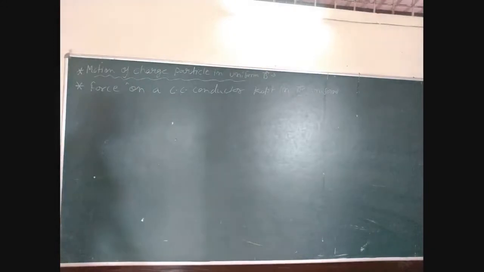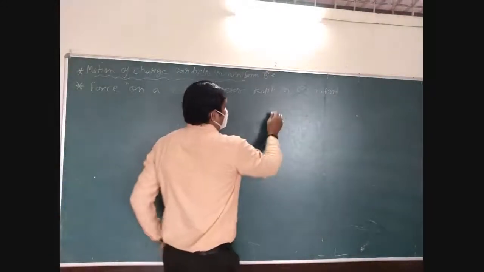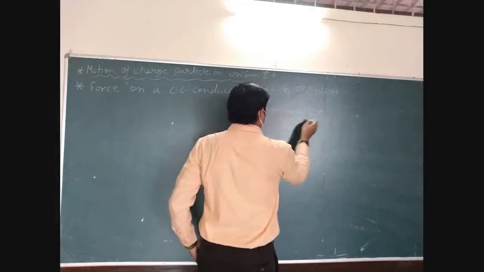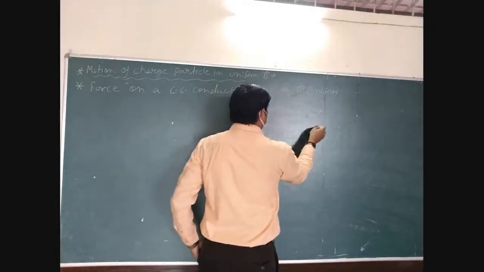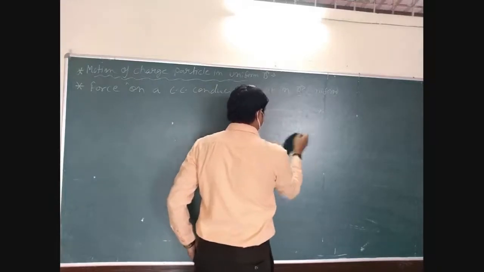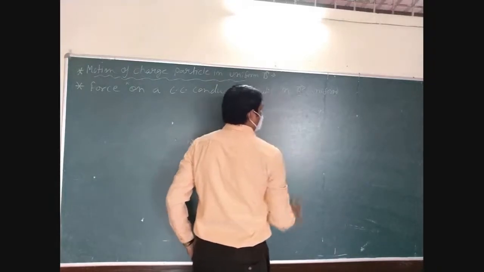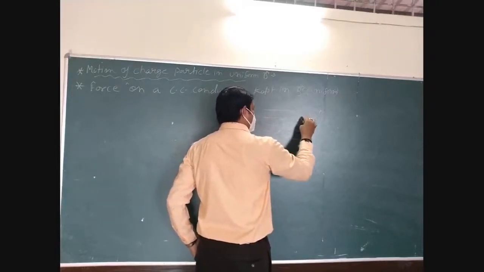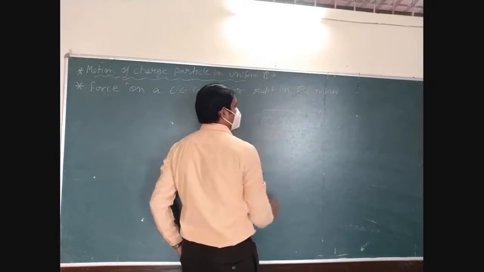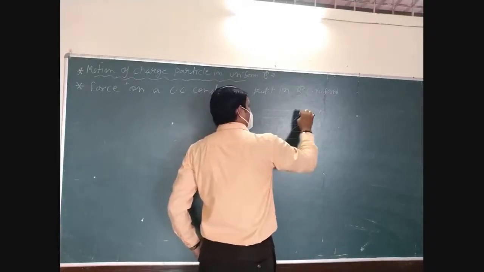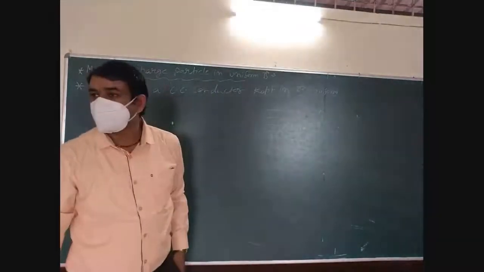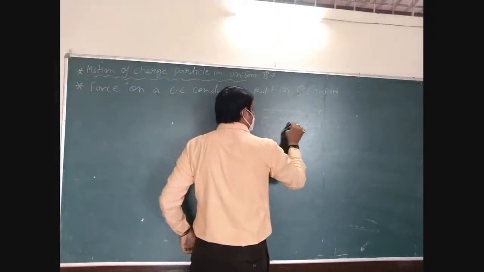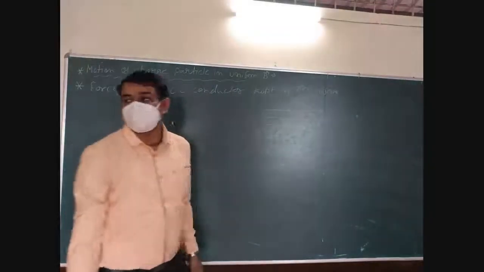Okay, let's say we have a uniform magnetic field of strength B. This is a conducting wire, or you can say a rod, whose axis is a current wire.